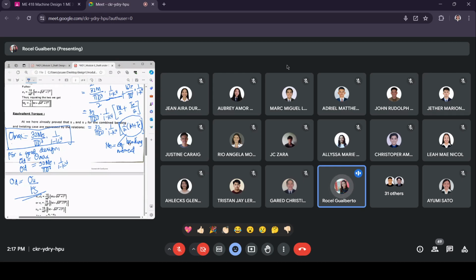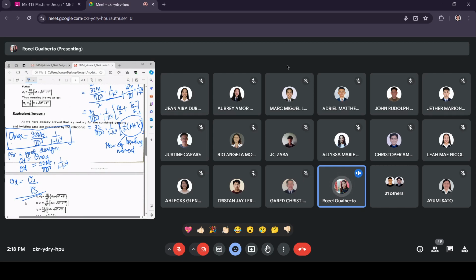And for a brittle material, they do not have sigma Y. So the one used here is sigma U over Fs for the design stress. So this sigma max and tau max, again, these are your induced stresses for combined loading, combined torsion and bending.